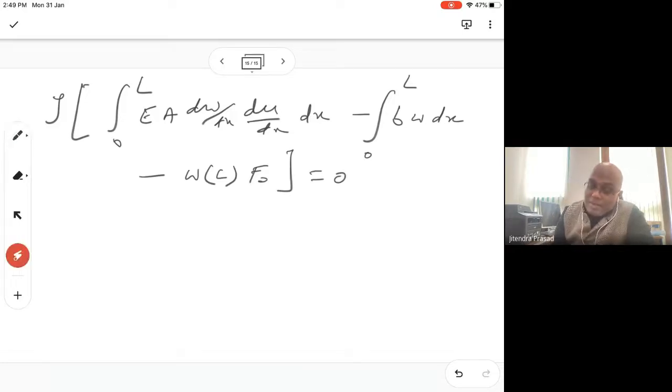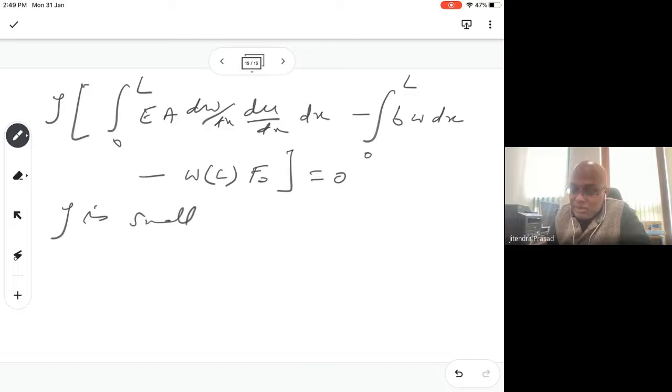Now, if you take F naught as the n force 0, this term will not be there, and you end up with the same term as the one we worked on. Now remember that zeta is small but not equal to 0.